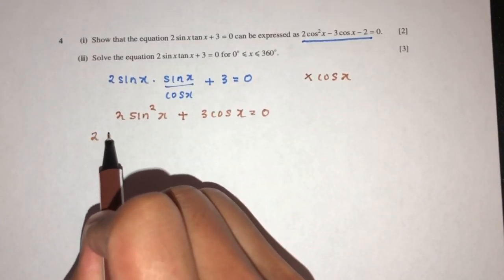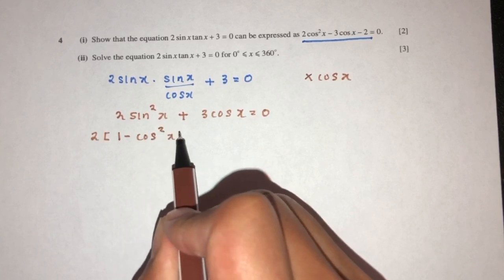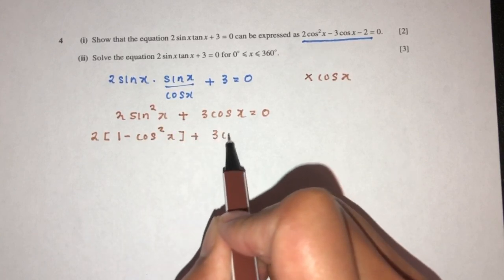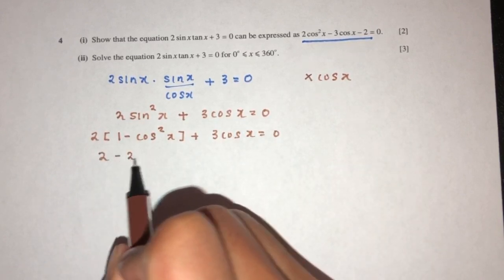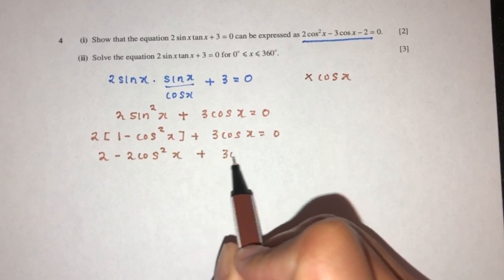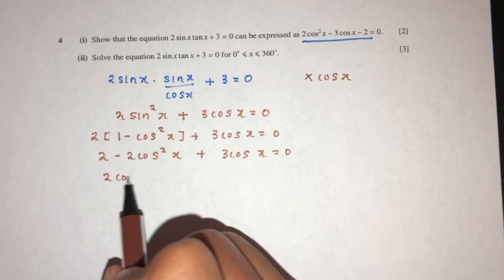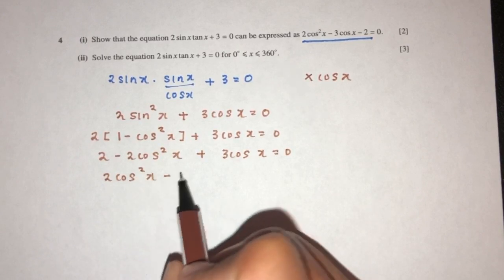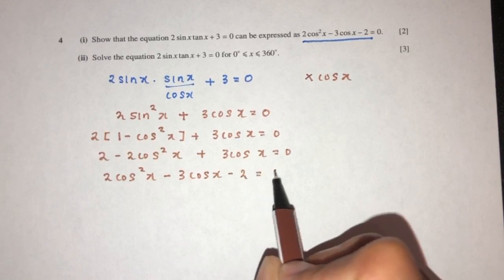We do know that sine square x is 1 minus cos square x. So 2 minus 2 cos square x plus 3 cos x have to be 0. So finally 2 cos square x minus 3 cos x minus 2 have to be 0.